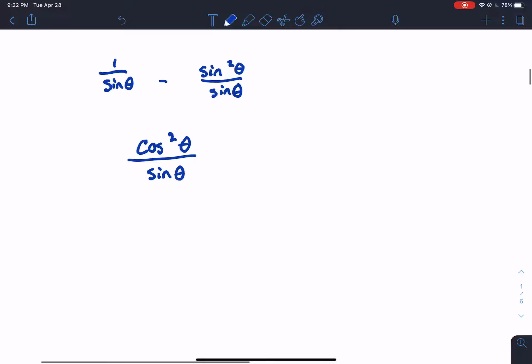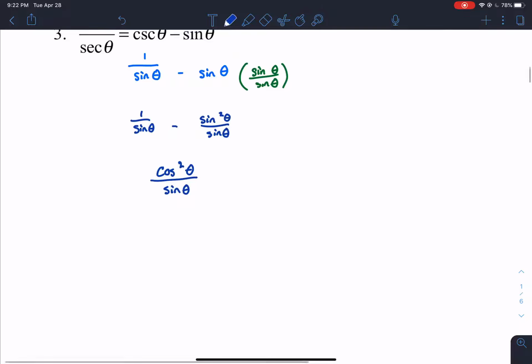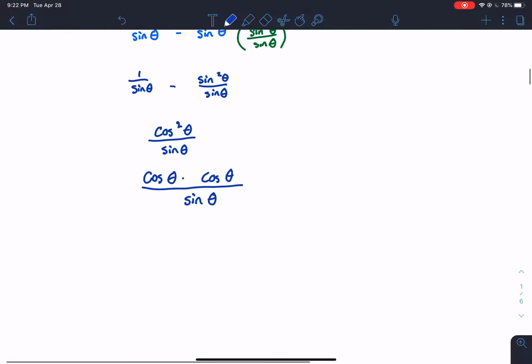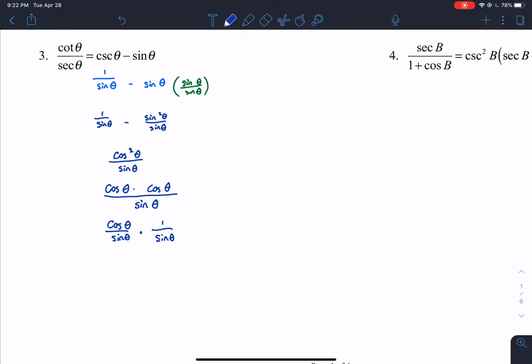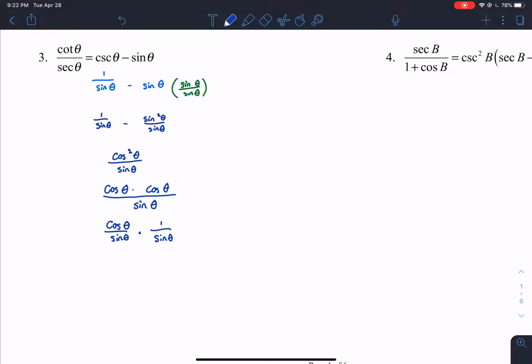Now cosine squared, you really know is cosine times cosine. Correct? Now, if you split that up, you're going to be left with cosine over sine times 1 over sine. Oh, I'm sorry, I made a mistake.